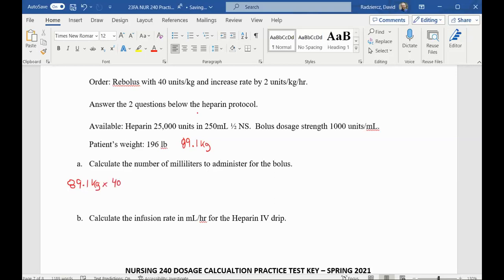It tells me to do 40 units per kilogram this time. So 89.1 times 40 gives me 3,563.63 repeating. So I'll just put that there.